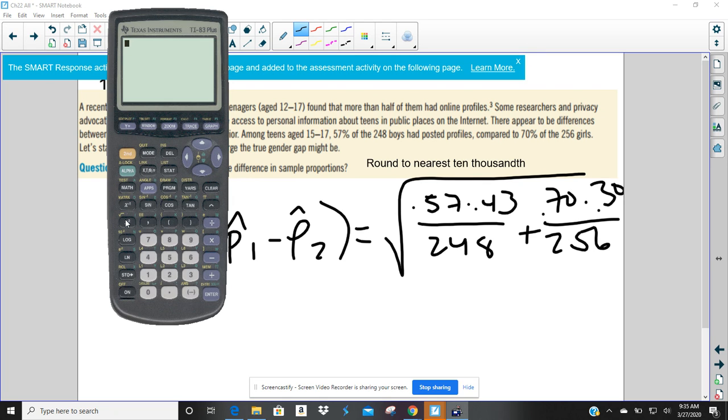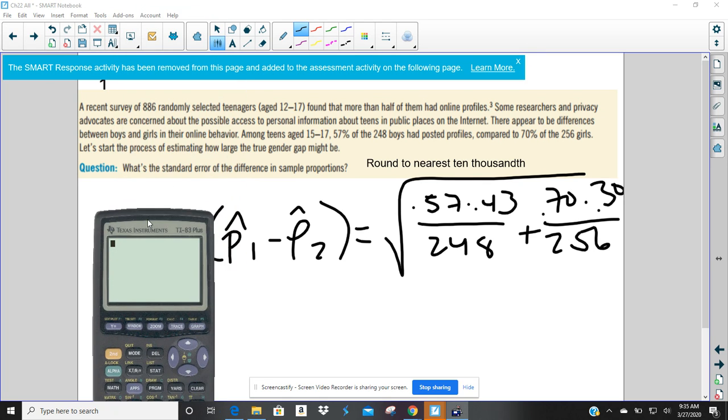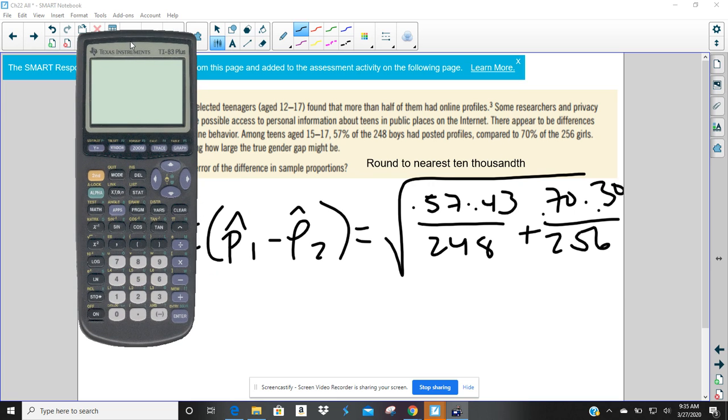So let's take the square root, since we're trying to find the standard error of the difference in the sample proportions. You know what I'm going to do first, because I'm using this calculator? I'm going to do the math.